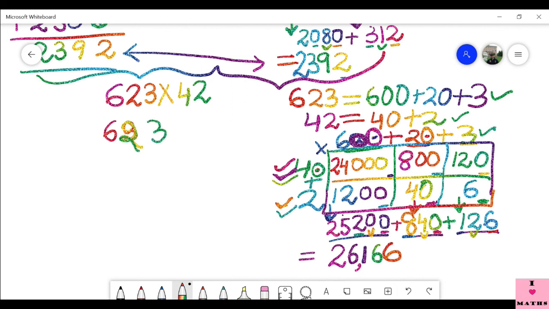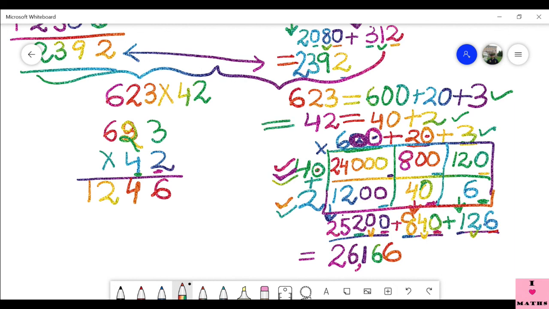623 multiplied by 42. Now first I will multiply by 2. 3 2s are 6, 2 2s are 4, 6 2s are 12. Now I have to multiply by 40. I don't have to just multiply it by 4 beta.